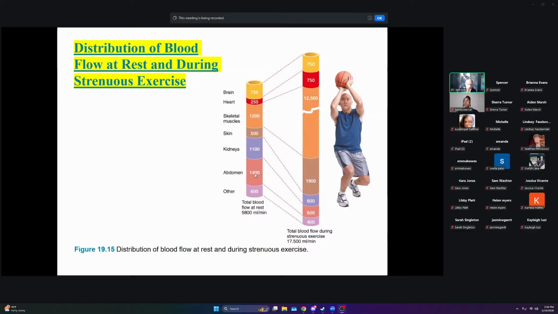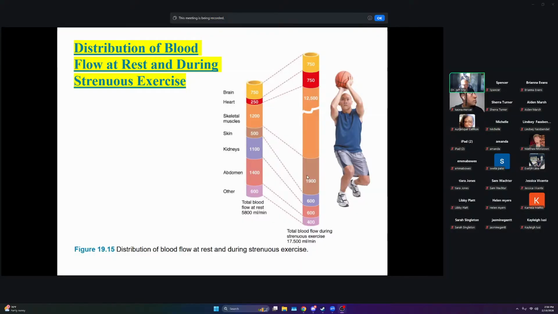Just like our abdominal cavity, organs like our spleen, our liver, our gallbladder, our stomach, digestion is not a priority while we're exercising. Okay, this blood can be redistributed. And then others are going to be like our special senses, things like ears and lungs and things like that.